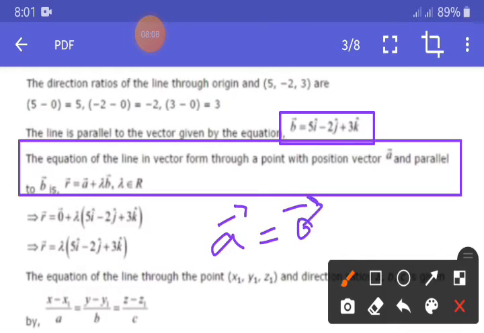So r = 0 + lambda b, where b = 5i - 2j + 3k. So r = lambda(5i - 2j + 3k).